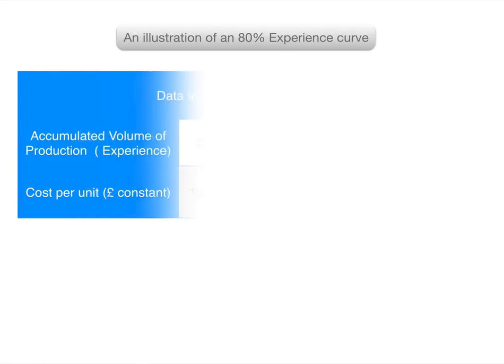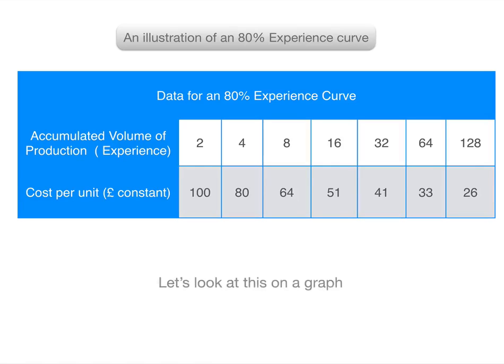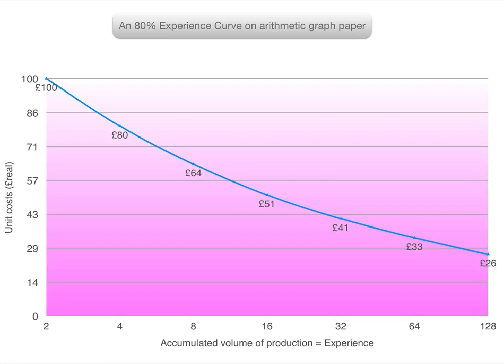Here's an illustration of an 80% experience curve. It's the same one as in the legacy book, but it's portrayed, I think, a bit more clearly. Let's look at this on a graph. Here it is on arithmetic graph paper, an 80% experience curve.